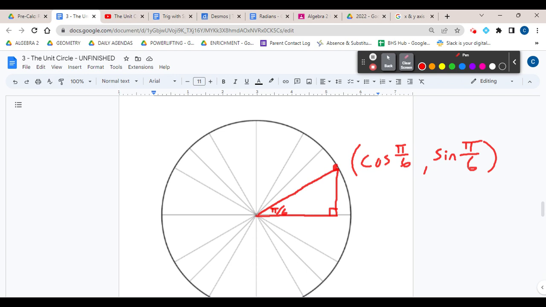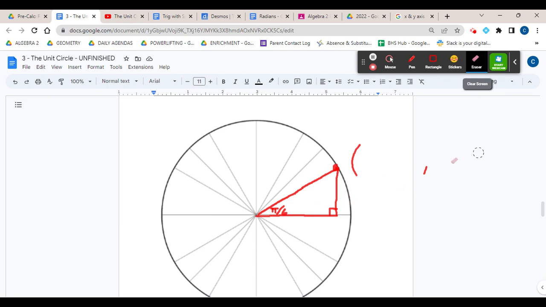So the x value at this point is cosine of pi over 6, and we already have that as root 3 over 2. The y value is the sine of pi over 6, which was 1/2.